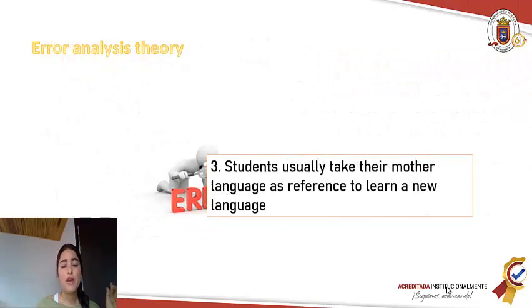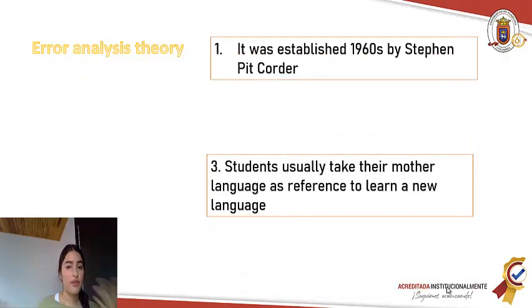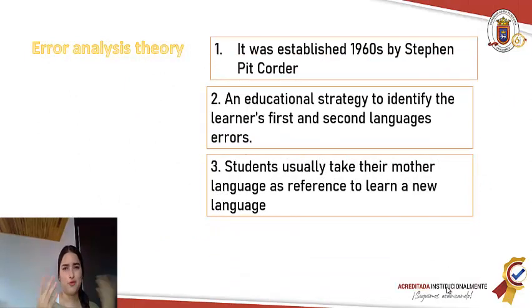Now, related to error analysis theory, I'm going to mention the most important points. First of all, this theory was established in the 1960s by Stephen Pit Corder as an educational strategy to identify learners' first and second language errors.